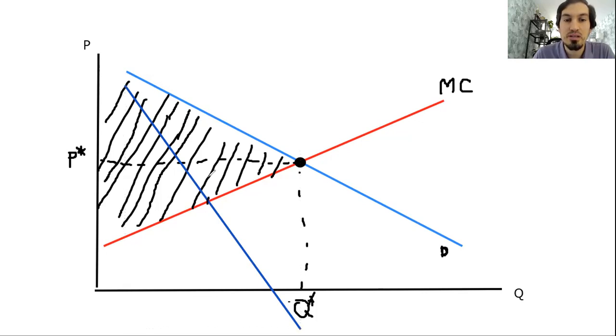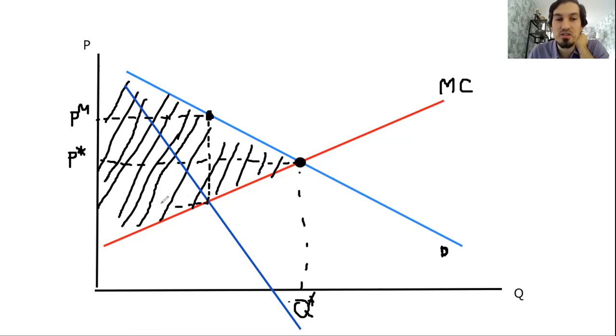So what does the monopolist do? This right here is the price that it chooses. So we'll call that not P star, but P superscript M. So this point P^M is the monopolist's profit maximizing price.